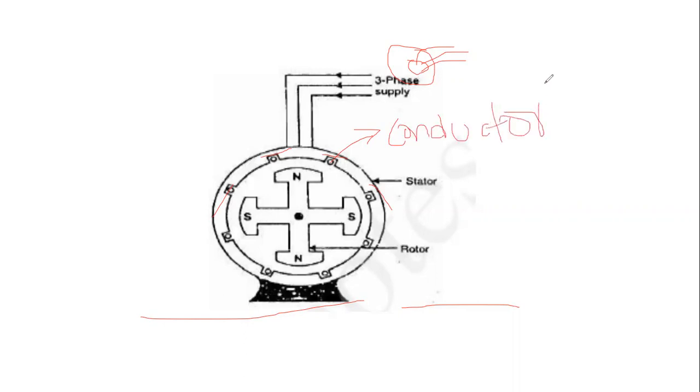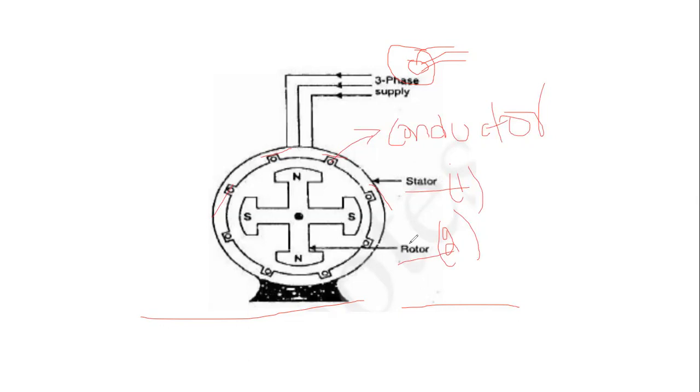Constructionally, the synchronous motor has two parts: the stator, the first part of the machine, and the rotor. Stator means the stationary part and rotor is the rotating part.